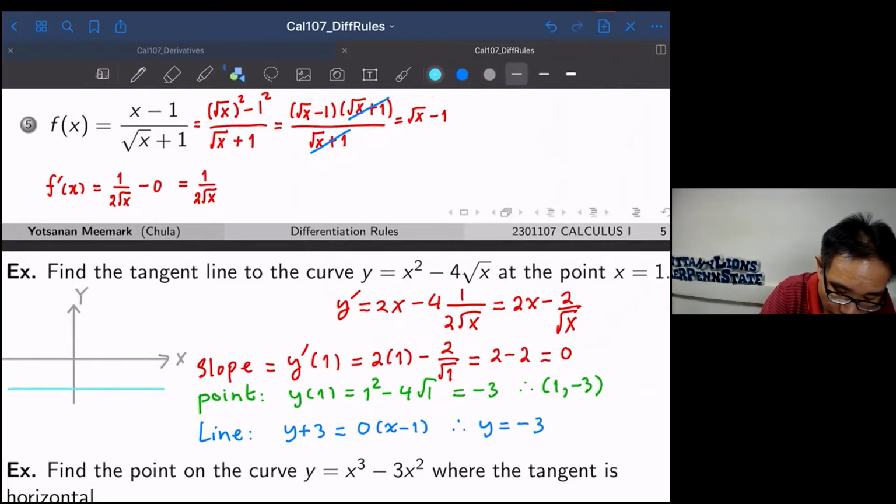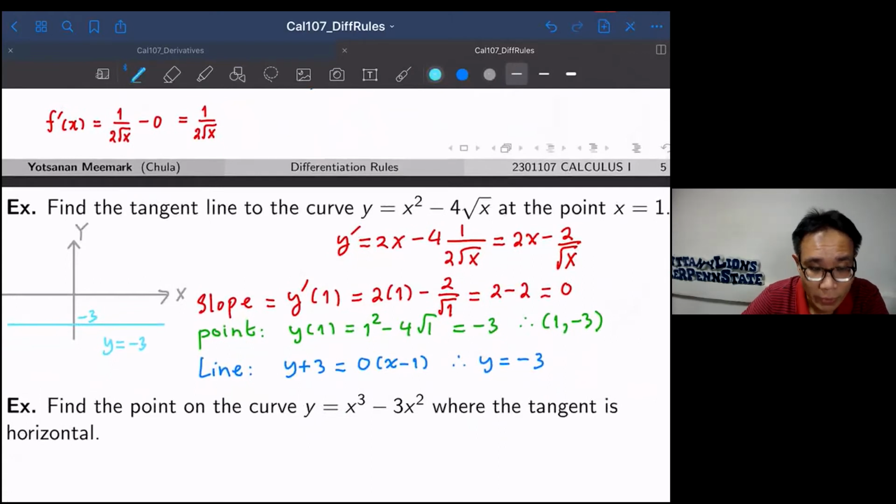So you get negative 3 like this. Okay, so this one will be just the line y equal to negative 3, horizontal line, slope equal to 0.